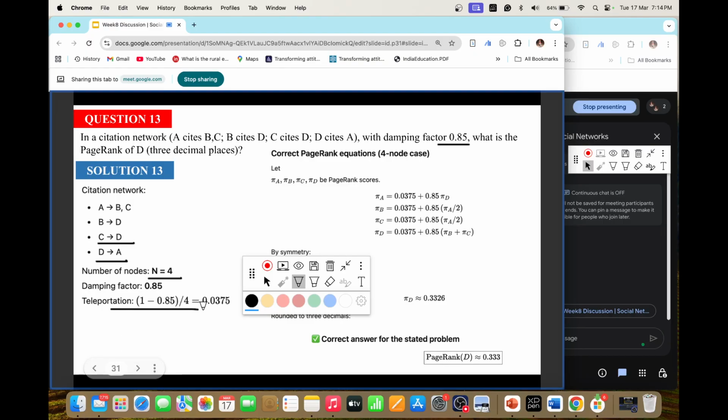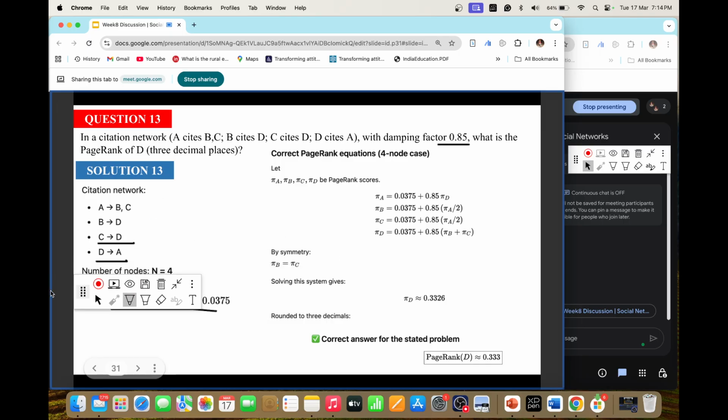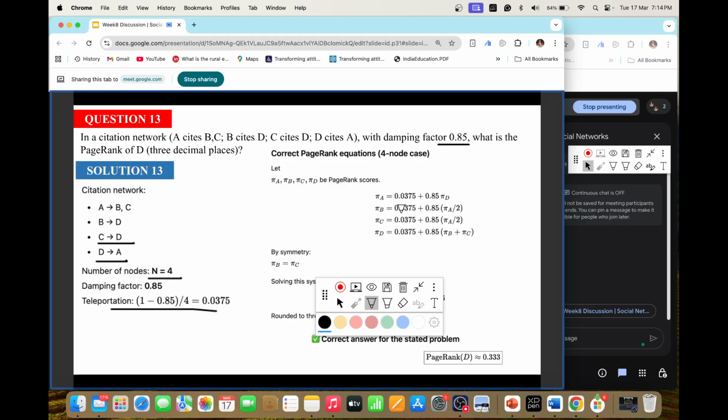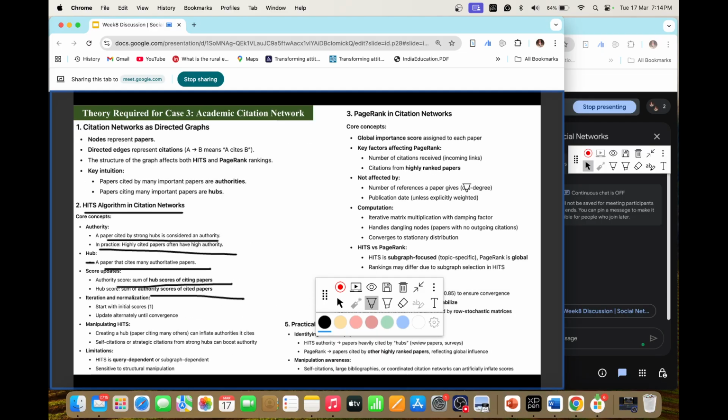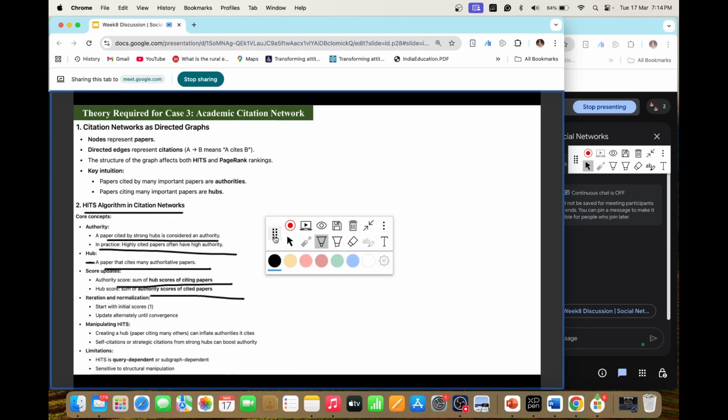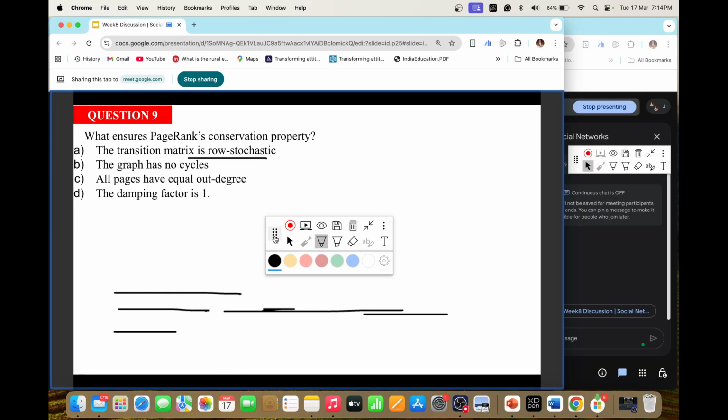Okay, so the damping factor gives two terms. First is 1 minus d divided by N, and second is d times the sum of PR(u) by out degree. Let me show you where it is given here.